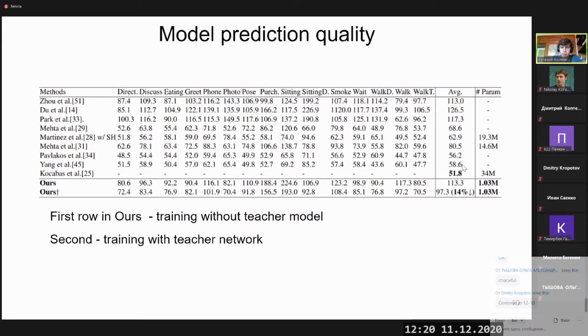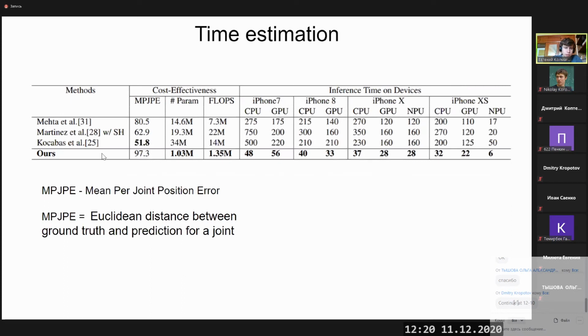You can also see that the quality of prediction is not the best, but if you look at the column with the number of parameters, the number of parameters is much less than other approaches. Here is the number of frames on each device. As you can see, the number of frames allows this method to work on mobile phones.